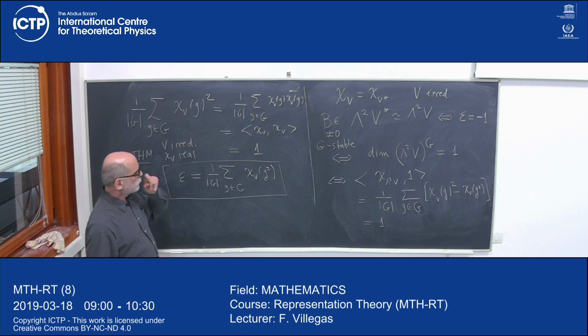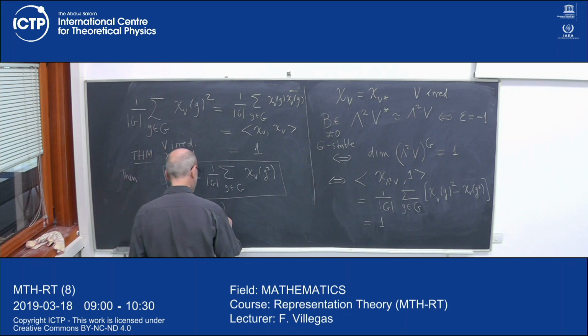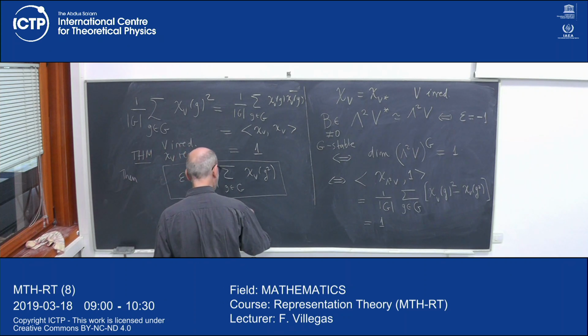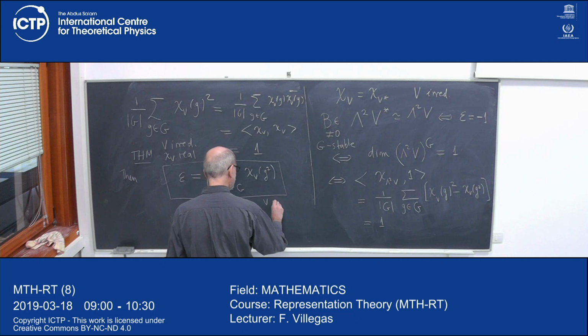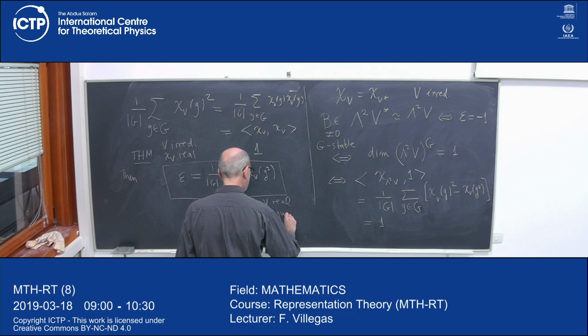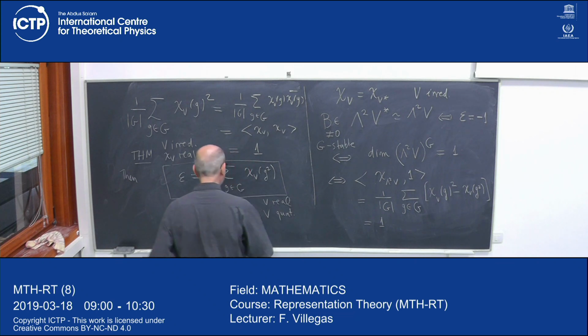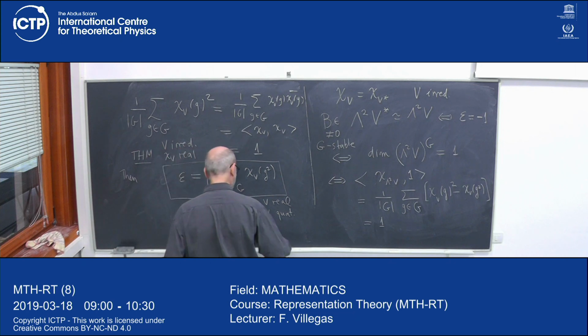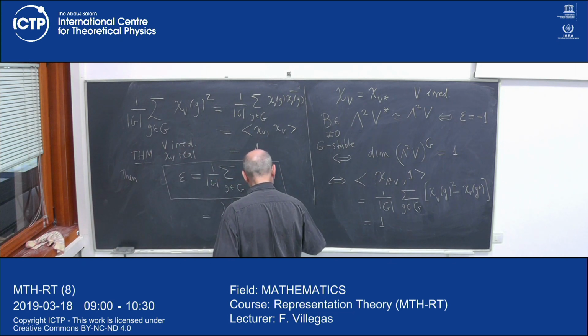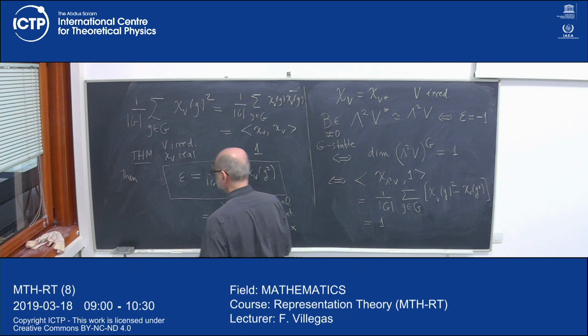And so if you compute the sum, you will find three possibilities. In other words, this sum is equal to 1, -1, or 0. In general, the sum is equal to 1 if V is real, equal to -1 if V is quaternionic, and if you compute the sum when the values of the character are not real, you'll find that the sum is 0.